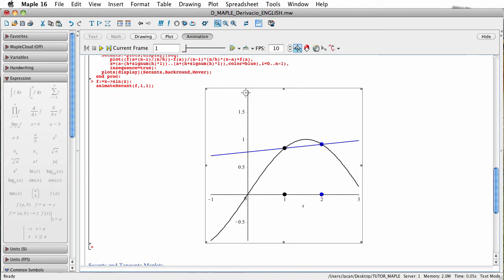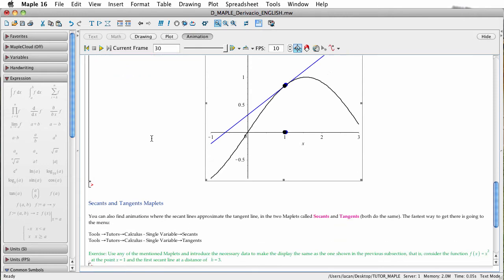Okay, now since this is an animation, when we press Enter, at the top you get these commands. Now what we do is we make the h smaller, and as you can see the second line tends to the tangent line. So in the limit the slope of the second line tends to the slope of the tangent line.